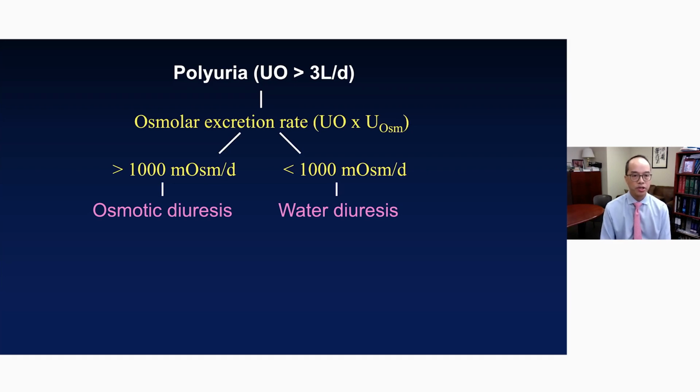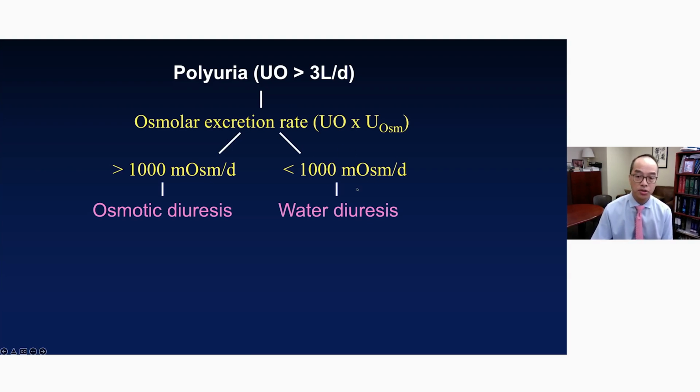The way we distinguish between these is by looking at the osmolar excretion rate. How many osmoles are excreted per day? This is just the urine output multiplied by the urine osmolality. In a normal individual on an average American diet, the osmolar excretion rate is somewhere between 500 and 1,000 milliosmoles per day. So this is normal.